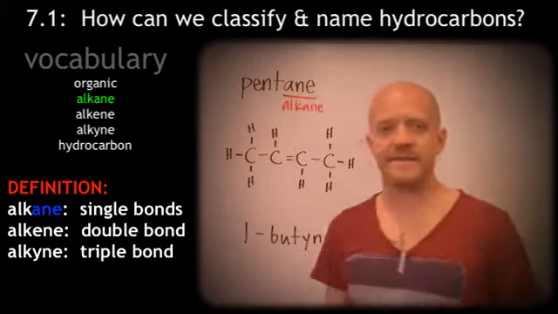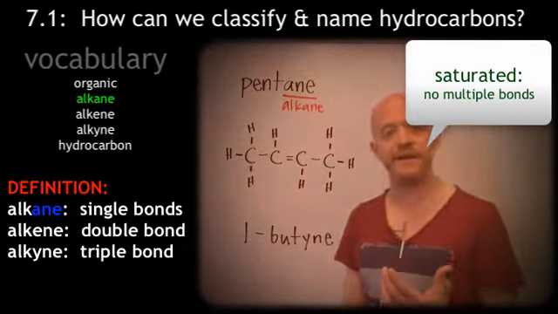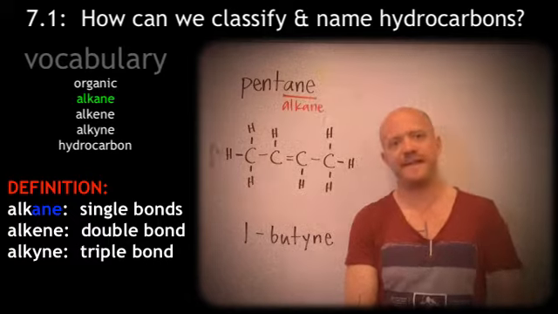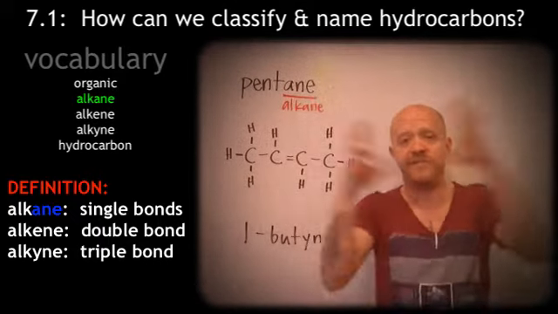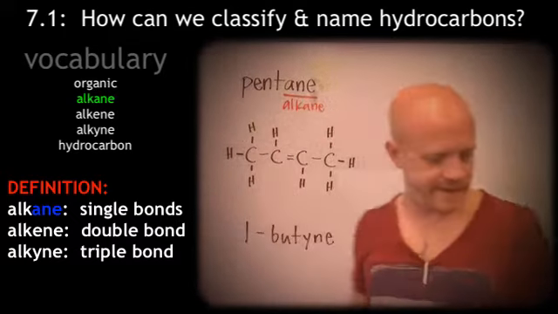And all that means is it is a saturated hydrocarbon. What does saturated mean? Saturated means that you can't get any more H's attached to it. Everything is filled up. Now, alkanes are saturated.